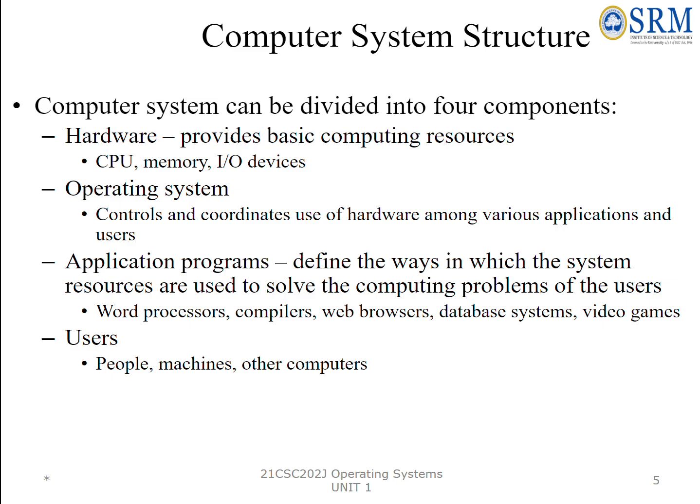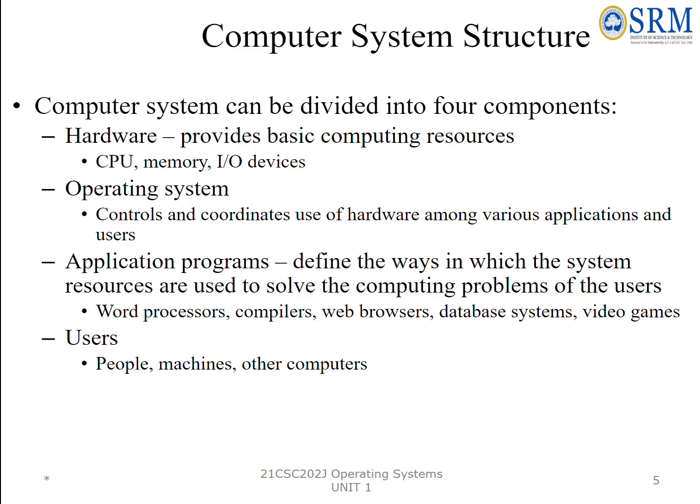What is meant by application program? It is an application specifically used for a particular task. So Word is one application, where we can type whatever content we want. It is a program used for some specific application.